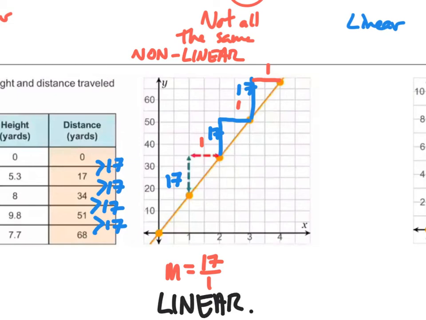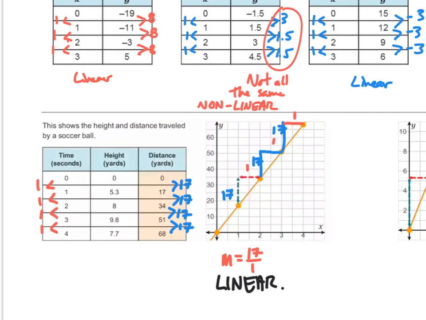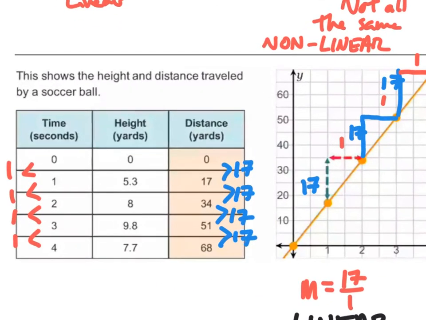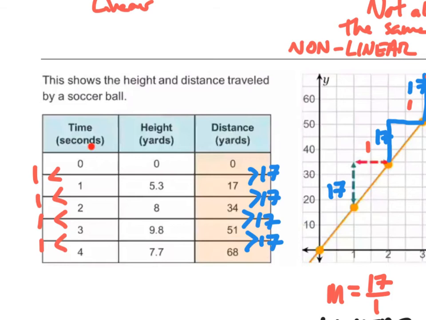But let's look at something else. On the other one, if we take time versus height, the height here increases by 5.3. And then if we go to the next one, the change from 5.3 to 8 is 2.7.